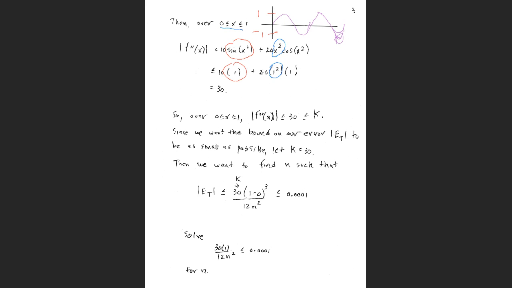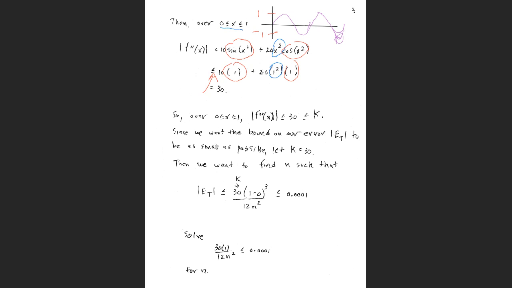So I'm going to replace the sine of x squared with 1. Notice I have a less than or equal to here. And the cosine of x squared, by the way, would also never be more than 1.